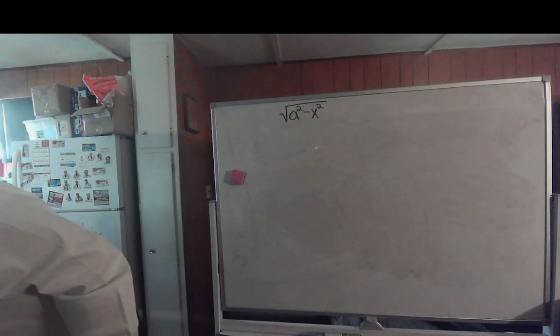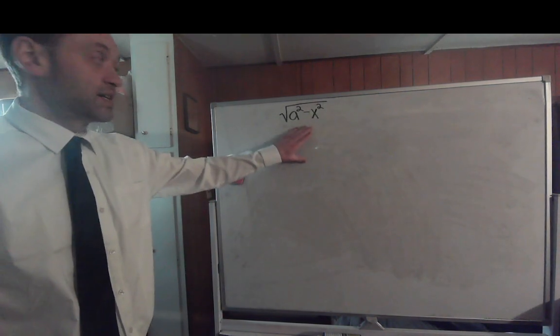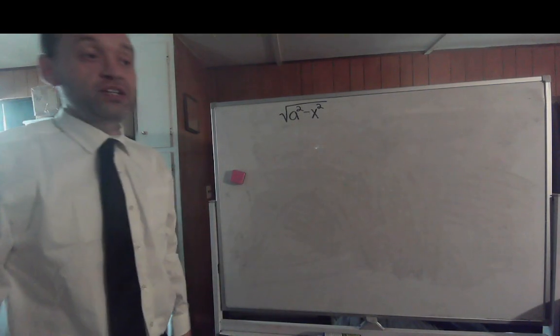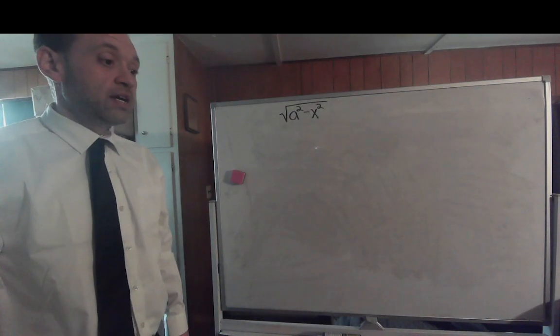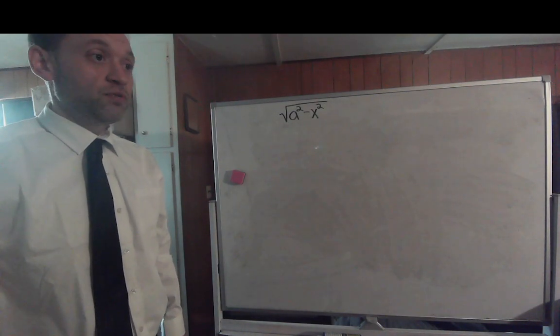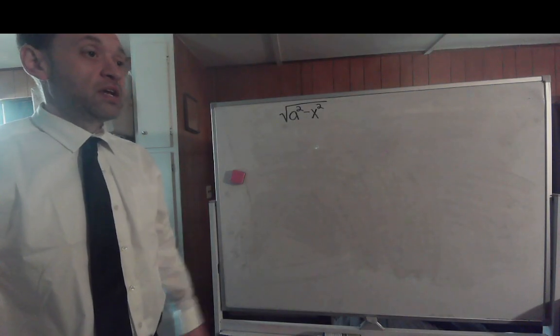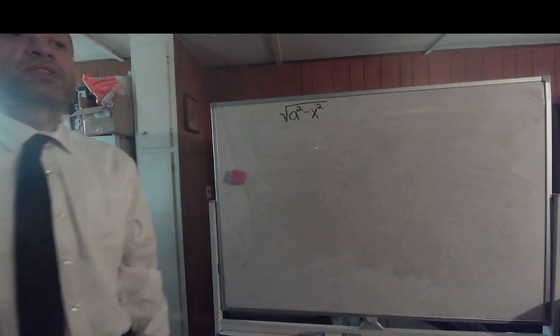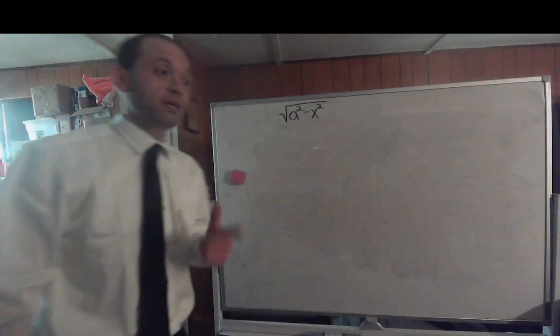Sometimes you're going to have algebraic expressions that, especially in calculus, when you get to integration, are going to be darn near impossible to figure out by using simple substitution. This is where the idea of trig substitution comes into play.